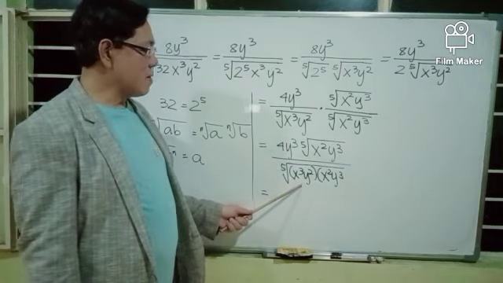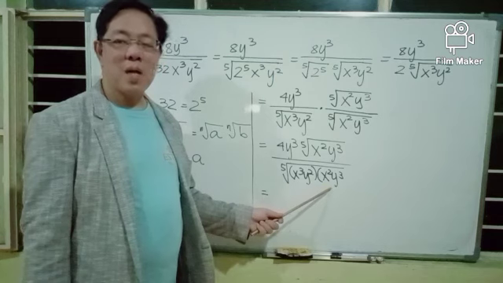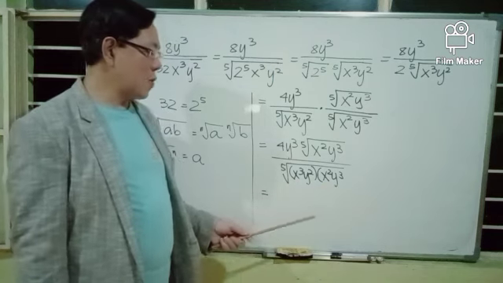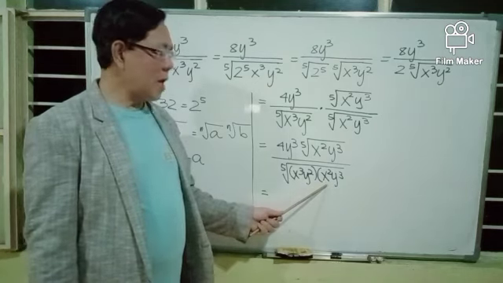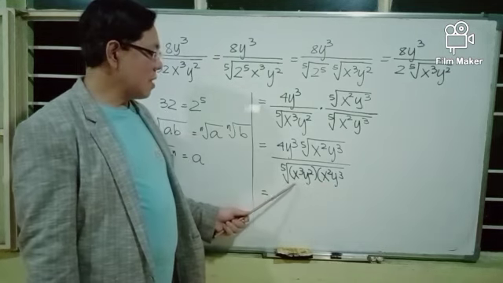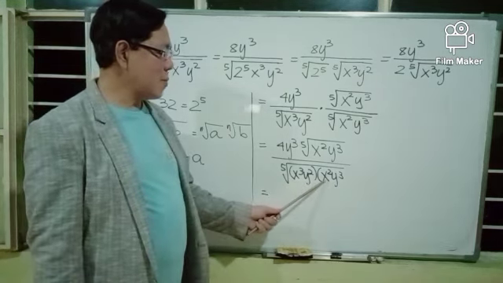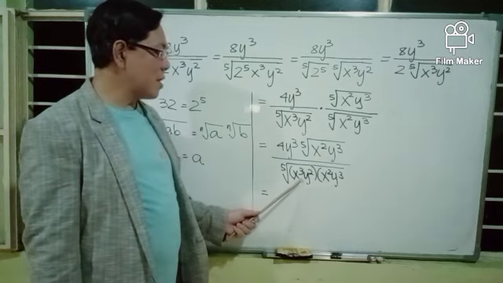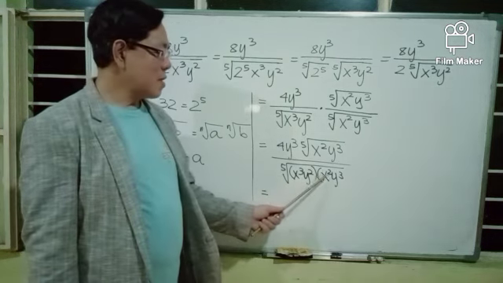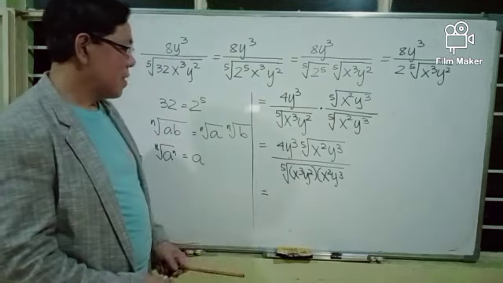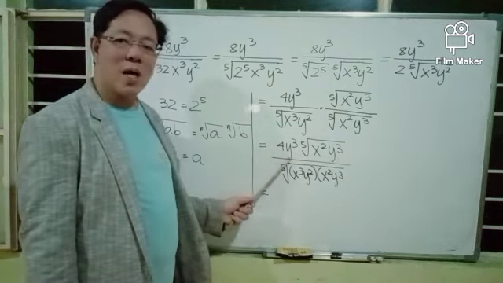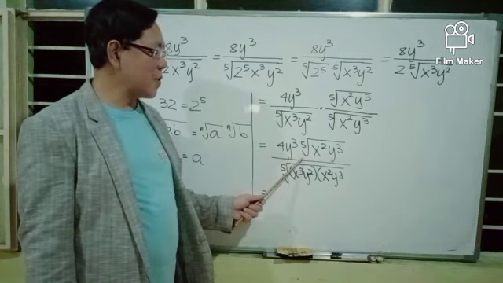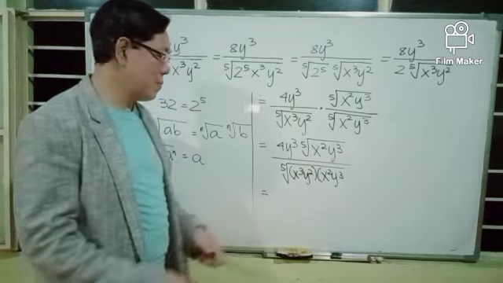Now, we simplify the radicand in the denominator by applying property of exponents. We multiply x cubed and x squared because they have a common base x. We copy the common base and we add the exponents of x. 3 plus 2 is 5. The numerator is the same, 4y cubed multiplied by fifth root of x squared y cubed.